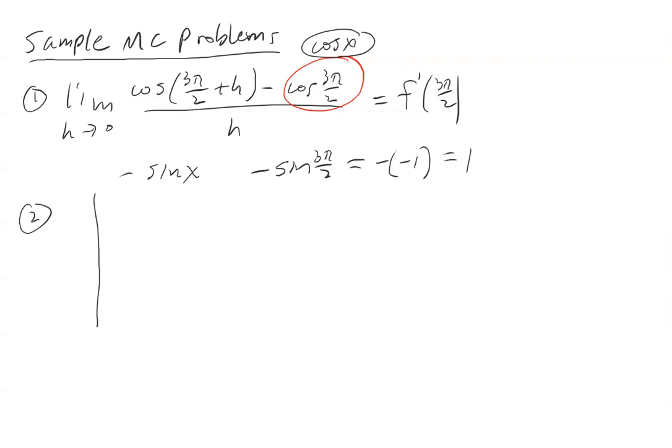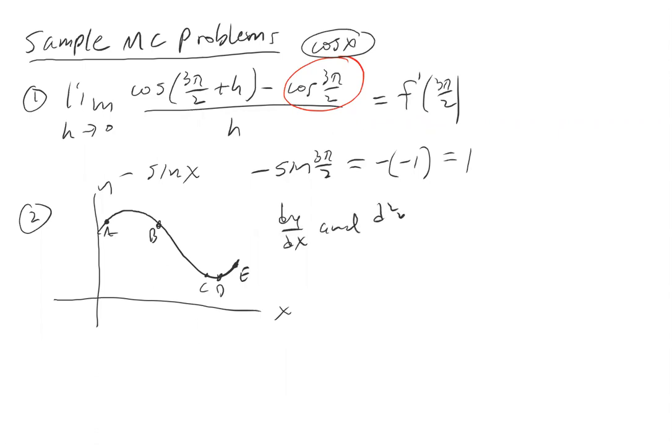Number 2. So this one, they give you a graph, and they give you 5 points, A, B, C, D, E. It says, at which points are both the first derivative and the second derivative negative?